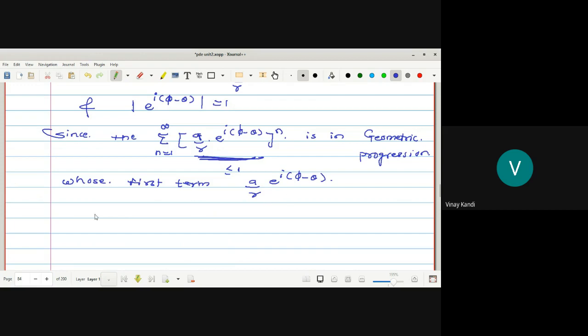And the common ratio is given by दोन सक्सेसिव्ह टर्म मध्ये रेशो काय येणार तुमचा. इथे 1 असेल पहिल्या टर्मला, सेकंड टर्मला 2 असेल. ओके, सेकंड टर्म डिवाइडेड बाय फर्स्ट टर्म काय येईल, कॉमन रेशो a upon r into e raised to I phi minus theta.